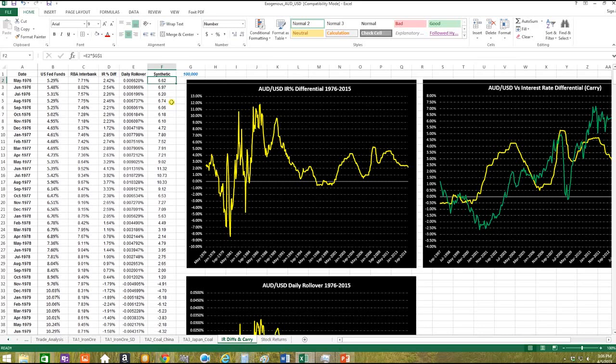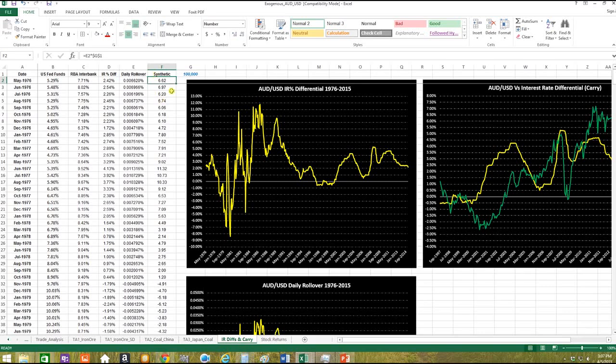So what we are seeing here in the synthetic rollover is the amount that we receive or pay per day due to the interest rate differential. And here we can see that in May 76, due to the interest rate differential of 2.42%, we're paying spot 0.00662% or receiving spot 0.00662% per day.